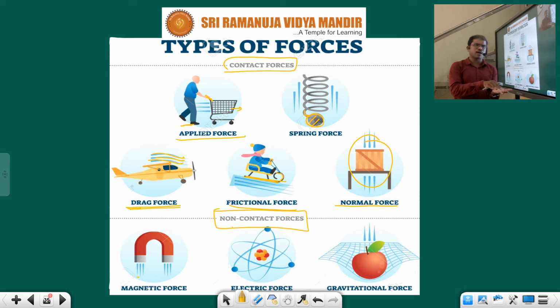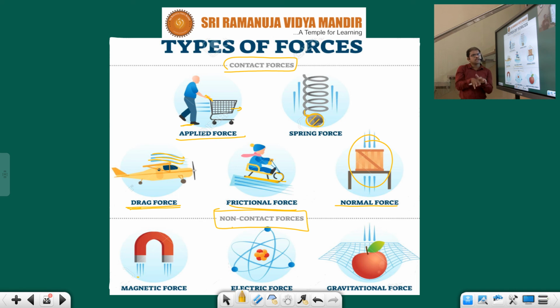Suppose here if I keep some iron piece and here I kept some magnet. There is no physical contact with the iron and magnetic piece. Both are maintaining some distance. Here magnet is there, here iron piece is there. Even though there is no physical contact between the magnet and iron piece, magnet is able to pull that iron.